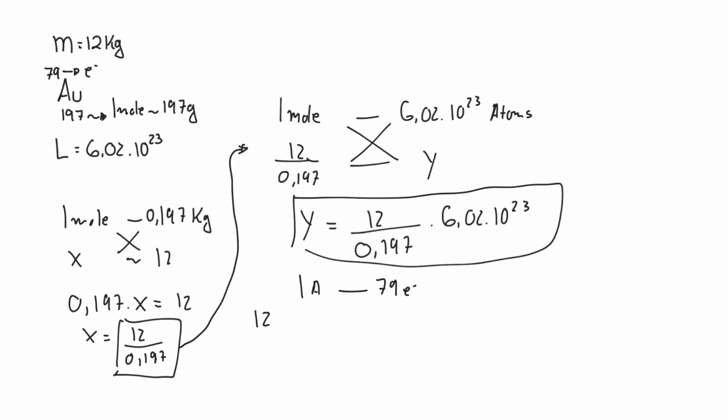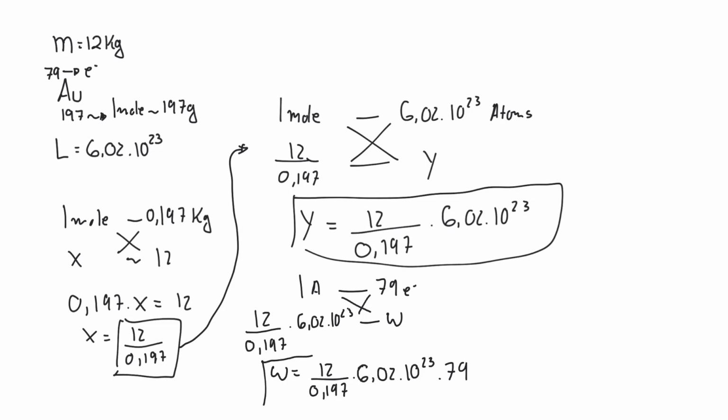Then, 12 divided by 0.197 times 6.02 times 10 to 23 atoms has W electrons. Do the cross multiplication, and then the number of electrons is equal to 12 divided by 0.197 times 6.02 times 10 to 23 times 79. And this is the number of electrons.